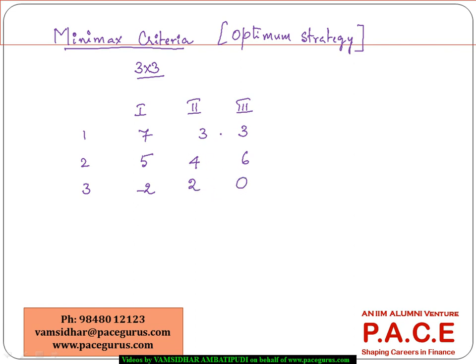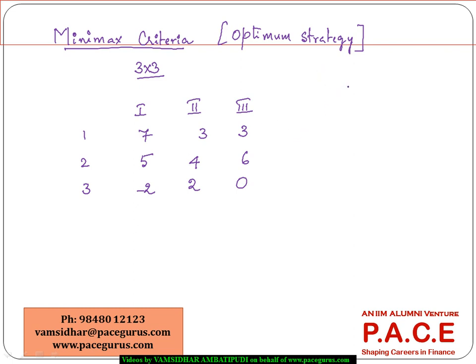Now here there may not be any kind of dominating strategies. I assume that I have removed all the dominating strategies, right? Now here I really want to go ahead and apply the minimax criteria.